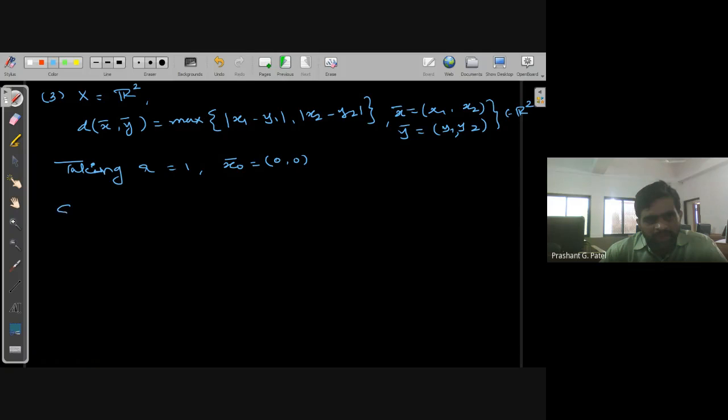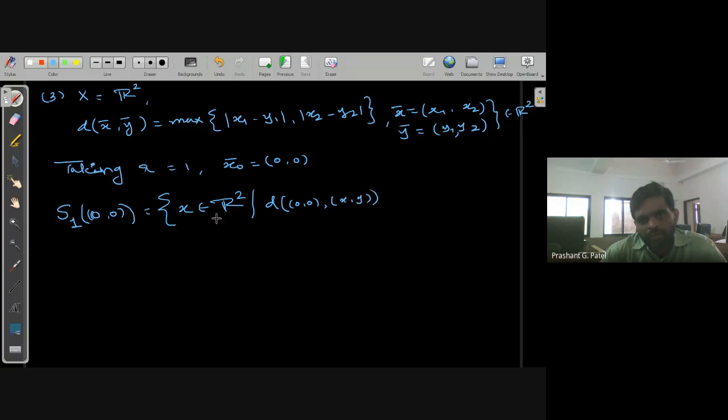Then as per the definition, what is the open sphere of (0, 0) with radius 1? As per the definition, it is the set of all points in R square such that the distance between this x0, that is (0, 0), and any point in this space R square is less than 1, due to r being 1. Now what is this distance?